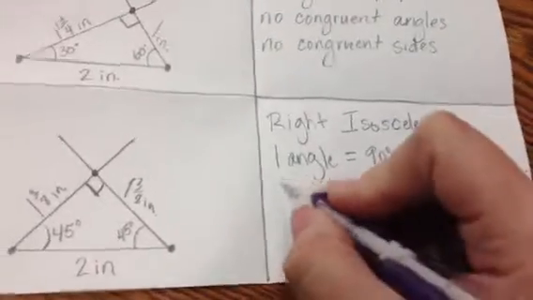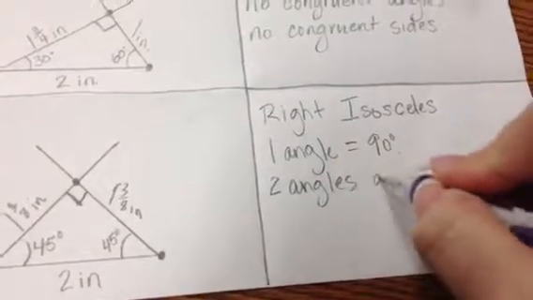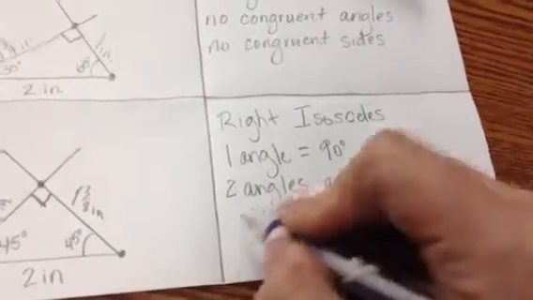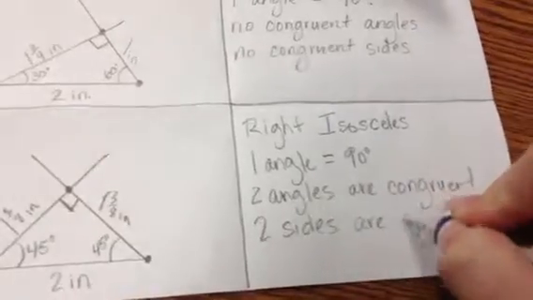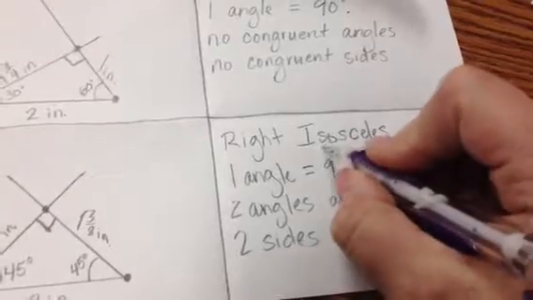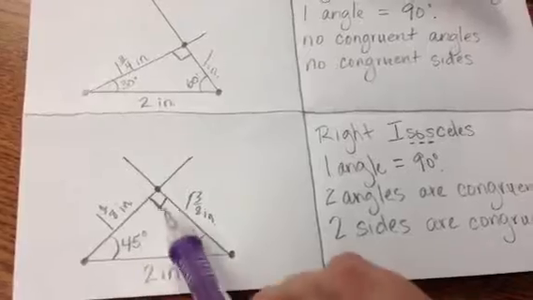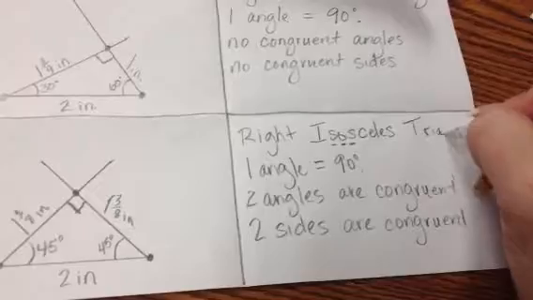It is isosceles because two angles are congruent, and we have two sides that are congruent. And lots of people like to remember the SOS as same, other, same, for the angles. And his last name is Triangle.